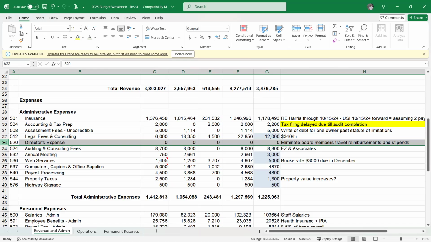Go ahead. So, I think 0 needs to be the number, but I would like to note that based on my two and a little bit more years of being on the board, we're almost more of a managing board than a directive board, and we spend a phenomenal amount of time. And I know, speaking for myself and others, I also incur expenses.